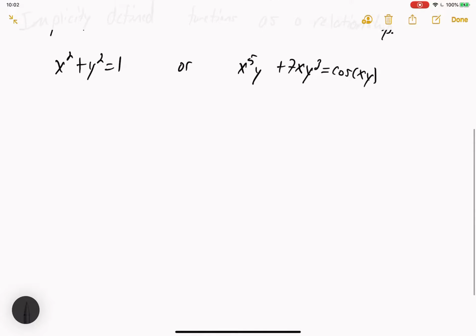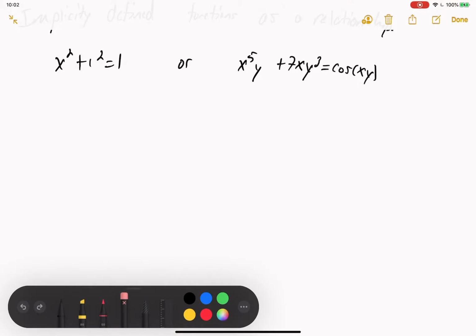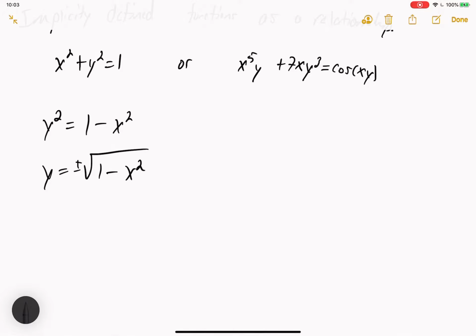But we do have some good cases, such as x squared plus y squared is equal to 1. Then we could move the x squared over and get 1 minus x squared. Then we take the square root to get plus or minus the square root of 1 minus x squared. So we get y in terms of x, but we get two solutions for each x.